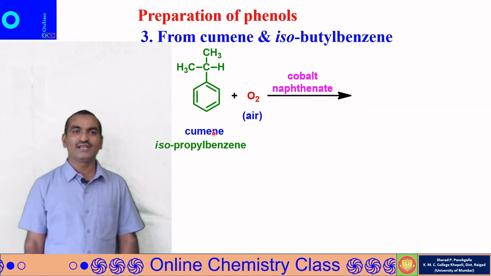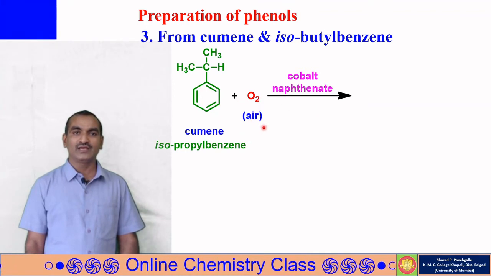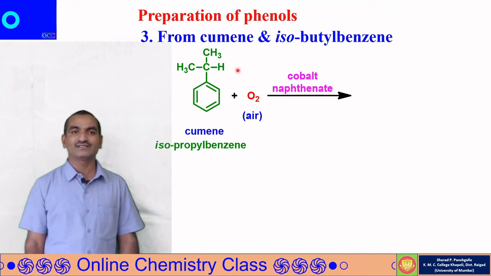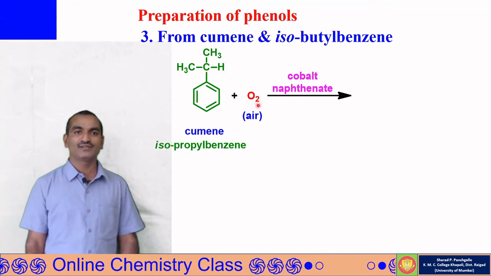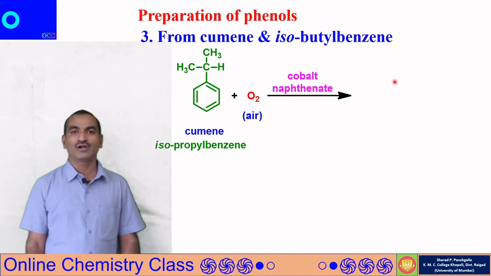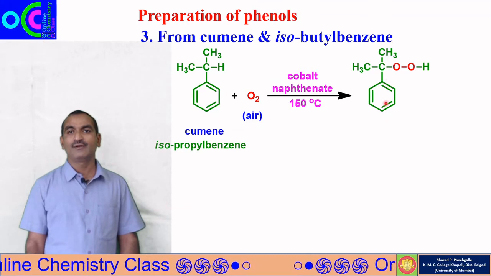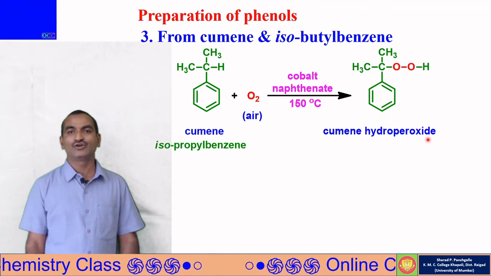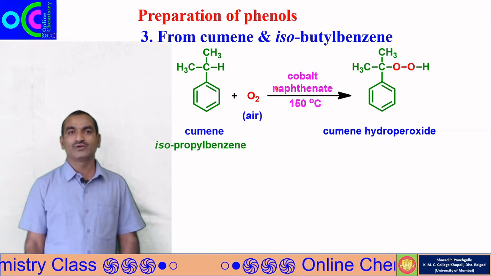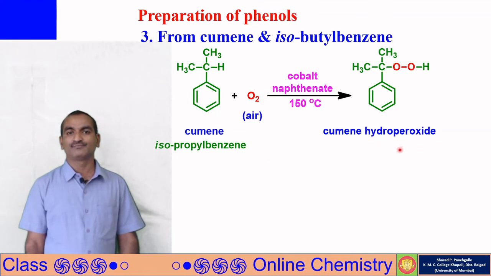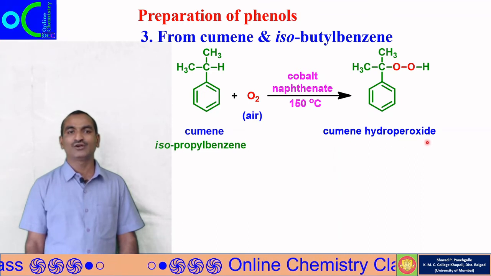So we are heating cumene with air in the presence of cobalt naphthenate at 150 degrees Celsius. So there will be insertion of two oxygens in between the carbon-hydrogen bond, and we will get such an oxidation product, that is nothing but cumene hydroperoxide. So we'll get the oxidation product in the first step, that is cumene hydroperoxide.